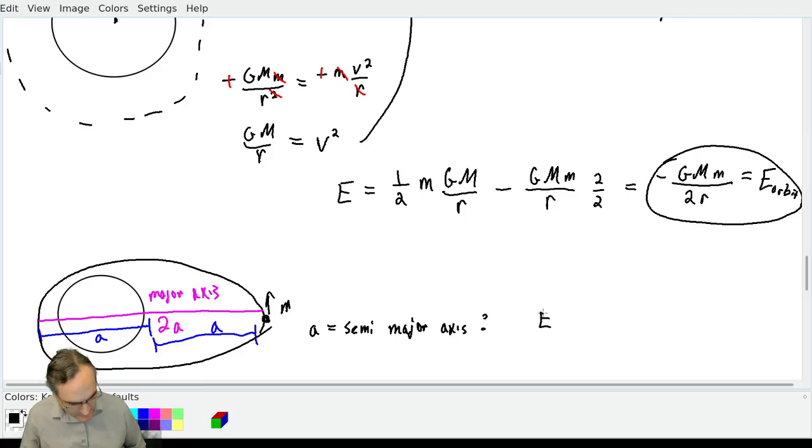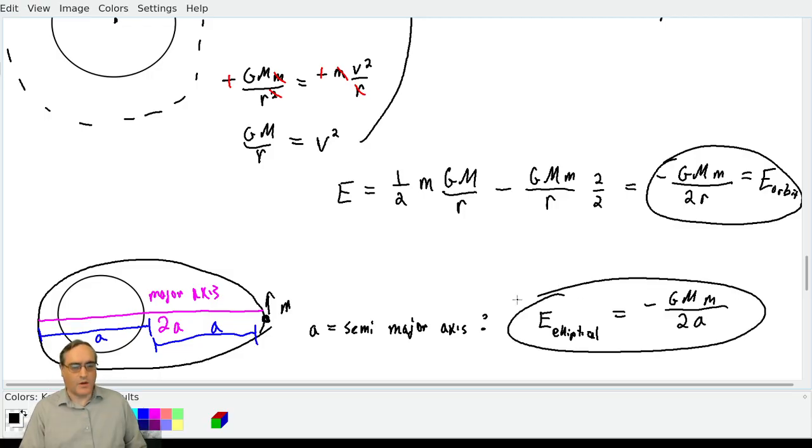And we'd find that the energy associated with an elliptical orbit would be equal to minus G mass of the central body, well, not quite central anymore, but the large body, times mass of the orbiting body divided by 2 times a, the semi-major axis. So pretty similar. And again, we're not going to do the proof for that. We actually would have to prove the equation and then do some work with it.